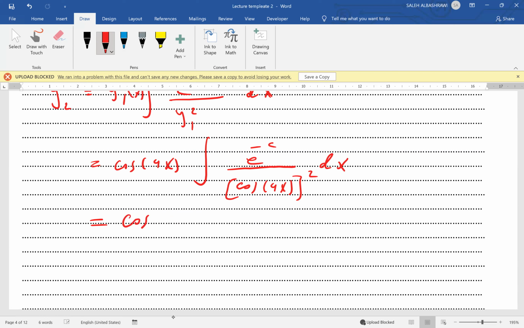Or it is cosine 4x e to power minus c, 1 over secant square dx, which is equal to cosine 4x e to power minus c multiplied by integration of the secant square, which is equal to tangent.